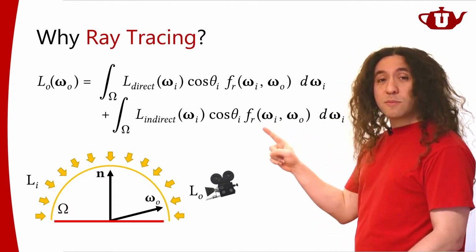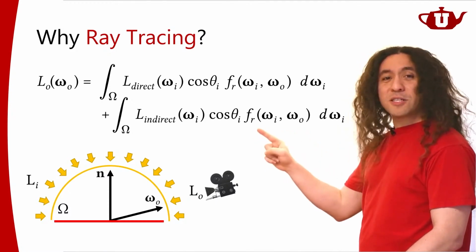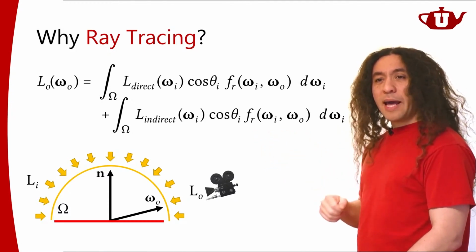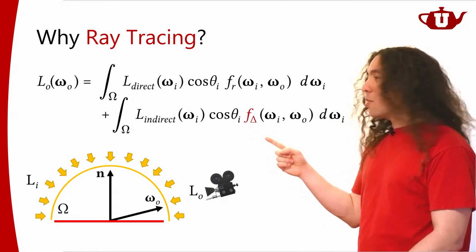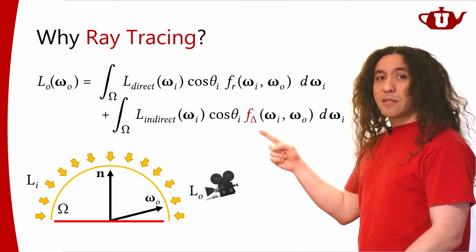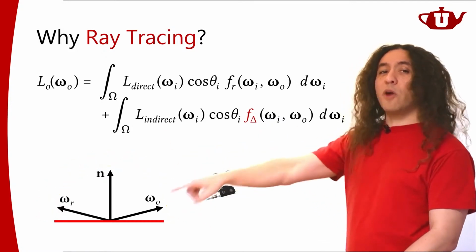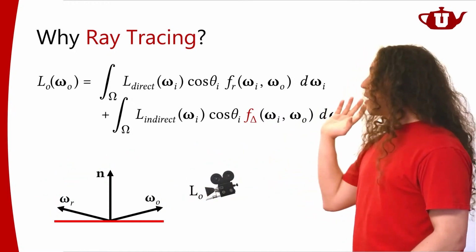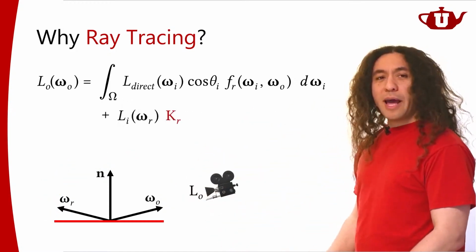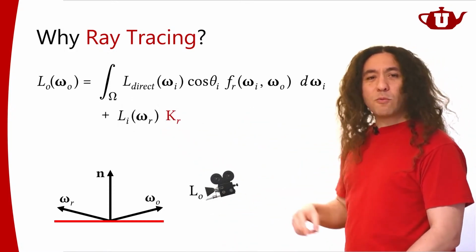We changed this BRDF, this material function, and we replaced it with a delta BRDF. With delta BRDF, things simplified because the delta BRDF was 0 for all of these directions except for this one perfect reflection direction. So with the perfect reflection direction, we basically got rid of this whole integral and everything collapsed into just this one light coming from one direction.